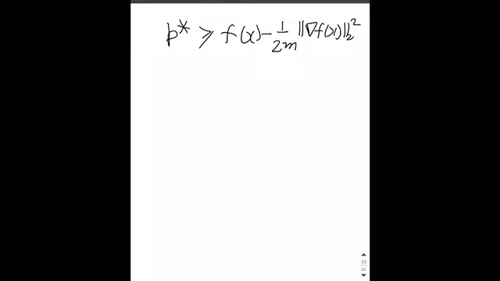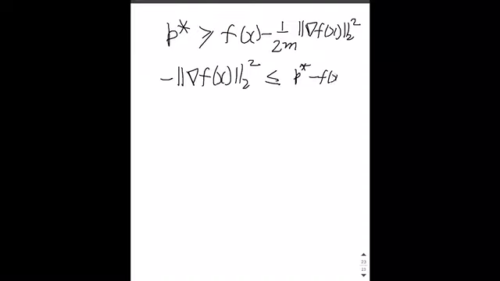So from here we get the norm of the gradient squared is less than or equal to 2m times (f of x minus p star).